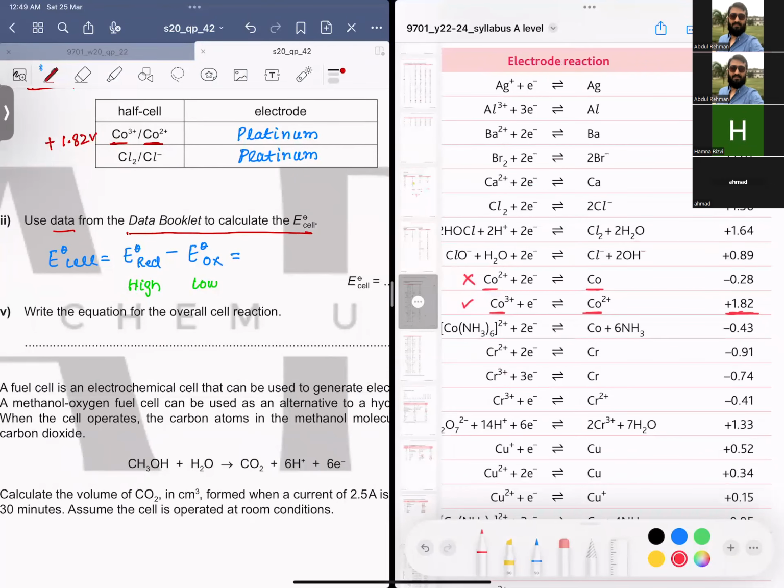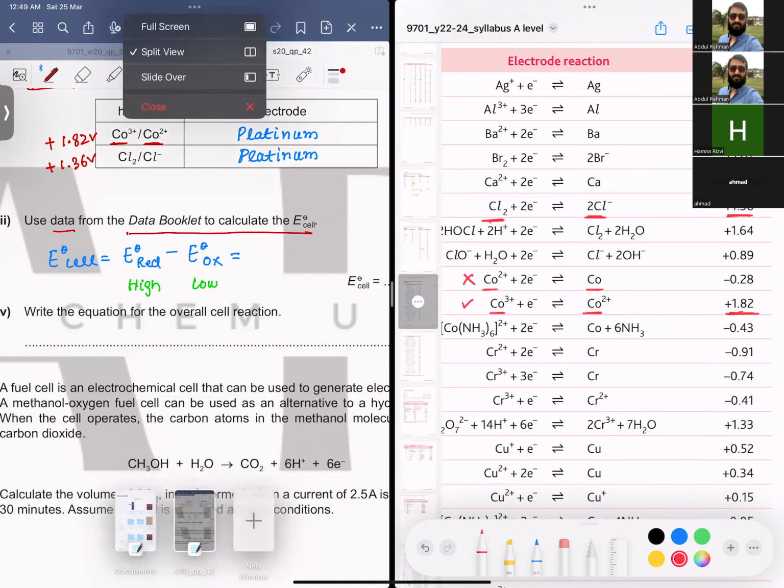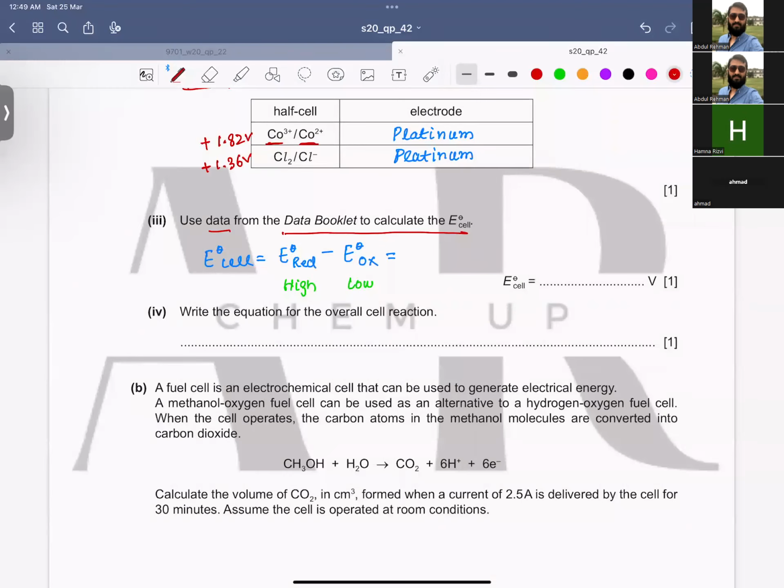Now the second equation has chloride and chlorine. So it's over here and its value is positive 1.36. ये clear है सबको? Yes, sir. So the cobalt 3 positive and cobalt 2 positive half cell has a greater value, which means it undergoes reduction, and the chlorine chloride half cell has a smaller value, which means it undergoes oxidation.